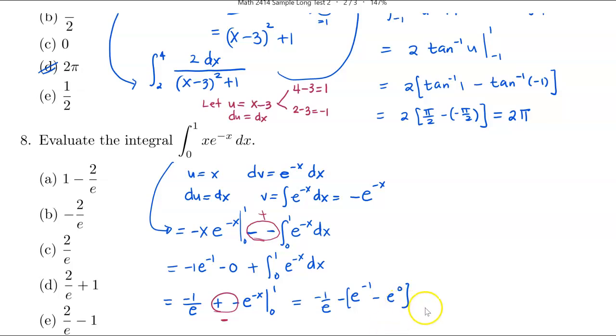And then we evaluate, remove that parenthesis. This is equal to negative 1 over e minus 1 over e. This is 1 over e. And then the minus makes it positive. Plus, and then e to the 0 is 1. This is equal to negative 2 over e plus 1. Negative 2 over e plus 1 is this expression here, letter A.